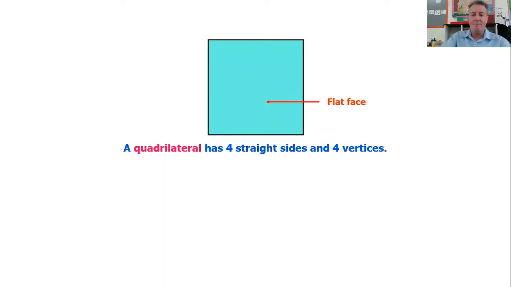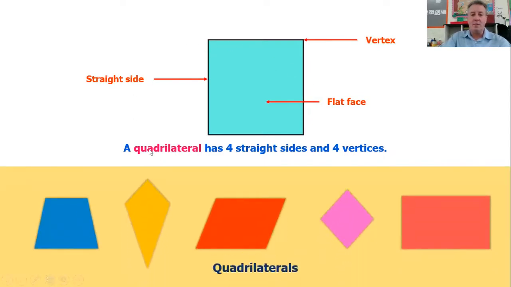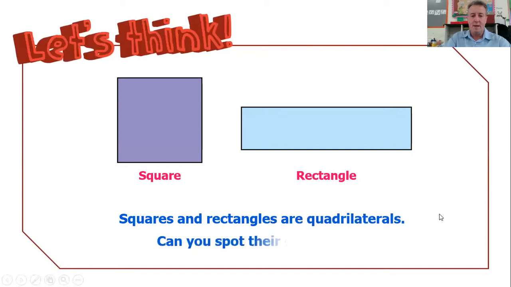Flat, straight sides, like a ruler, and 4 corners. These are all quadrilaterals because they all have 4 sides and 4 corners, but we only worry about square and rectangle. So there we are, squares and rectangles.